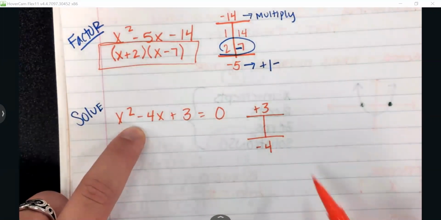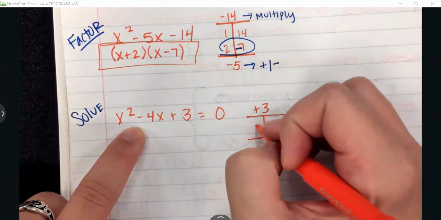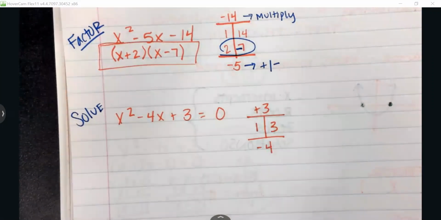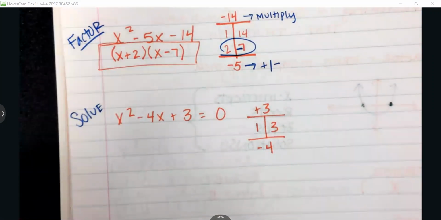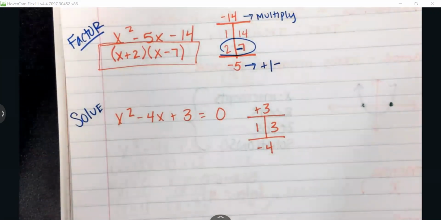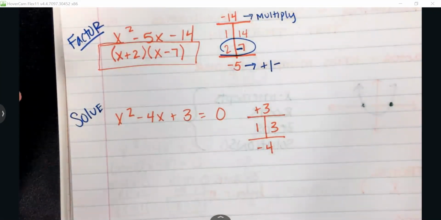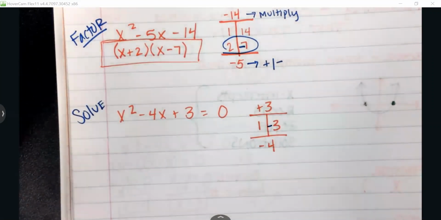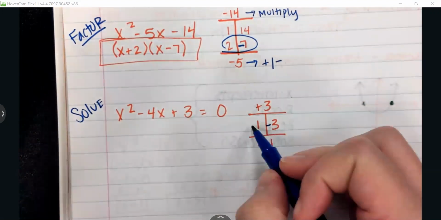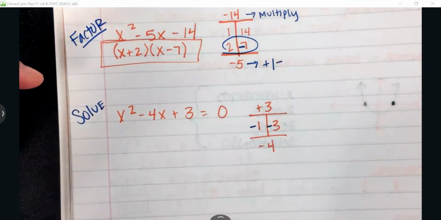What's the only thing that gives me a 3? 1 times 3. So I know I have to use a 1 and a 3. How can I get a negative 4? 1 subtract 3? That doesn't give me a negative 4. Negative 1 and a negative 3, right?